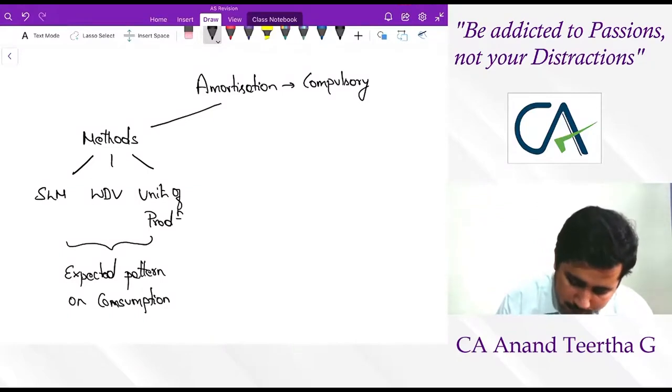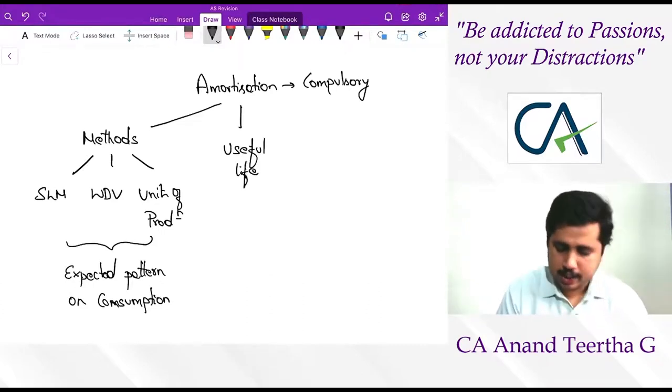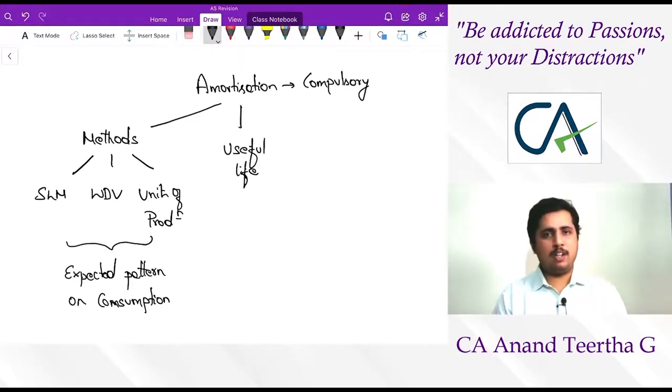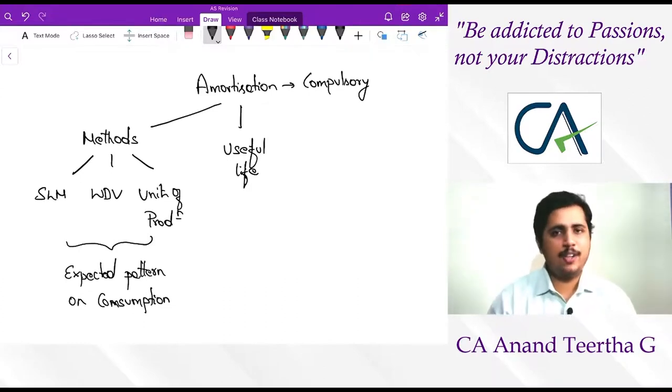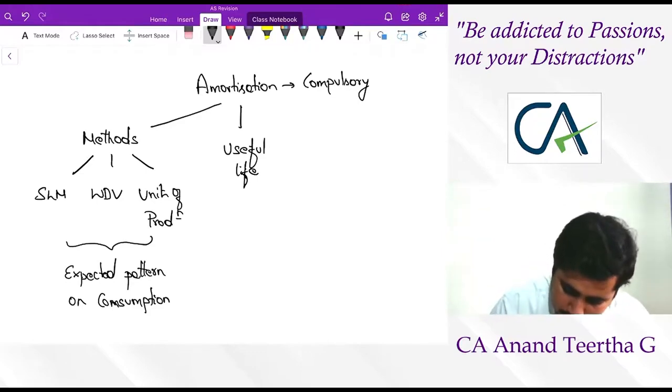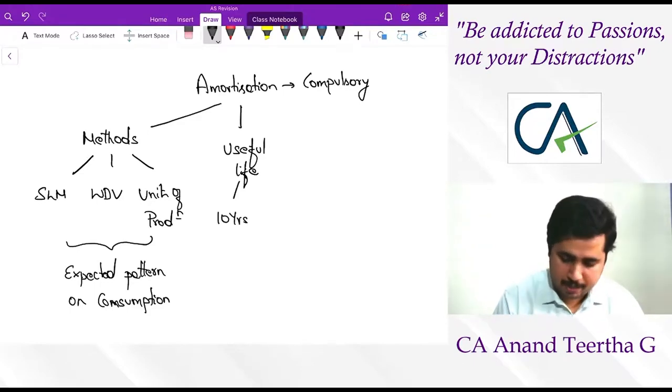Next, useful life. Because SLM and all need useful life. Even for pattern also you need it, on the basis of life that will be done. So useful life. First, the normal useful life is 10 years. Maximum I am saying.